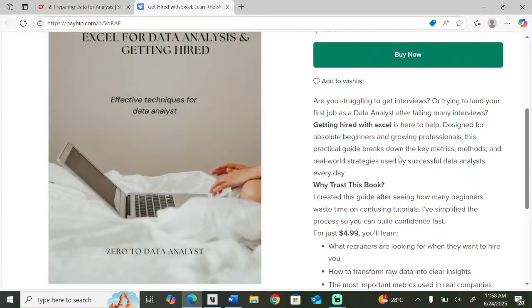Maybe you have gotten several interviews, but the thing is that you can't get a job. They don't want to hire you, and you don't doubt yourself. You actually know something, but there's a small issue that needs to be fixed for you to land your first job. So for you, this is what you need. You'll be hired with Excel.